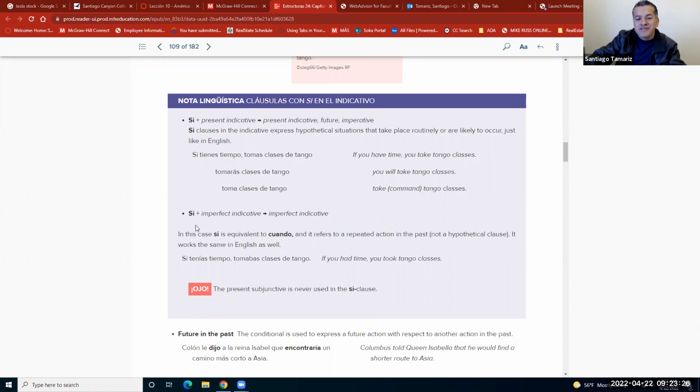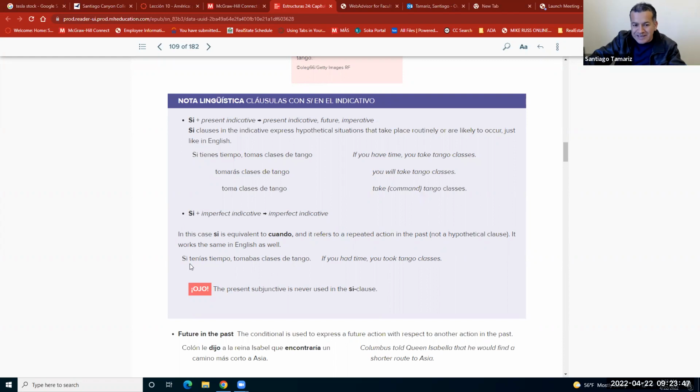Also, we use the si plus the imperfect indicative. In this case, let's see an example. Si is the equivalent to cuando, and it refers to repeated actions in the past. It works the same as in English.